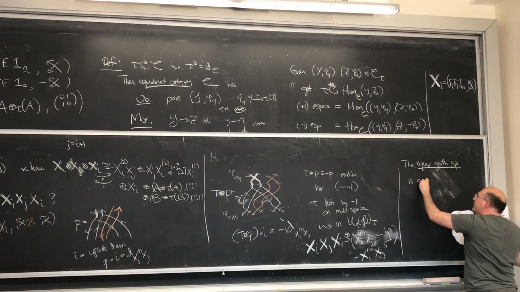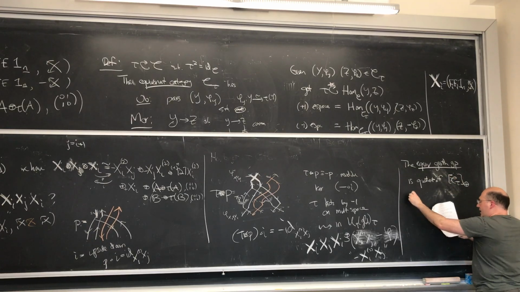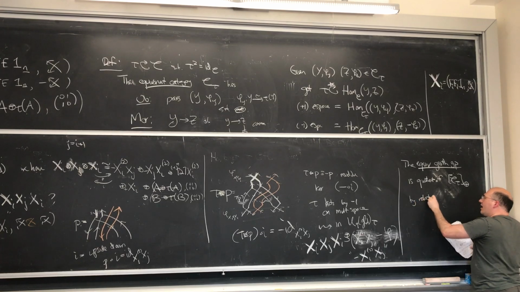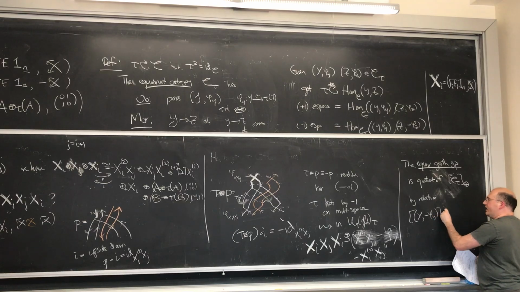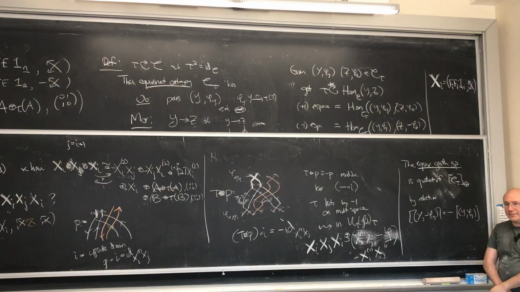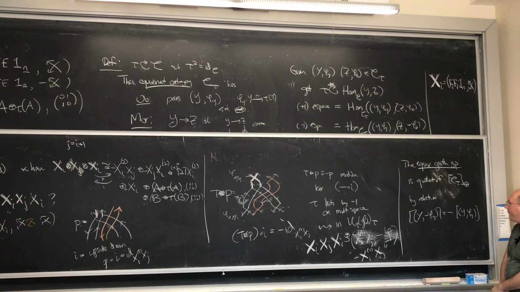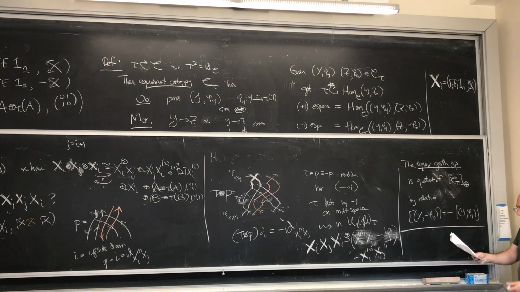It is the quotient of the usual Grothendieck group, the split Grothendieck group, by the relation that the symbol of y minus phi is minus the symbol of y phi. Okay? And this is the version of a Grothendieck group where traces of tau on Hom spaces actually give you something about the Grothendieck group.